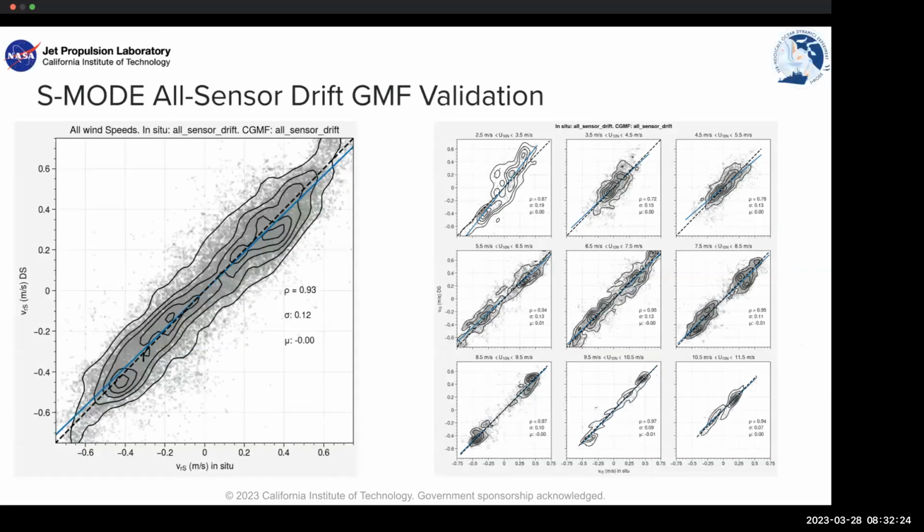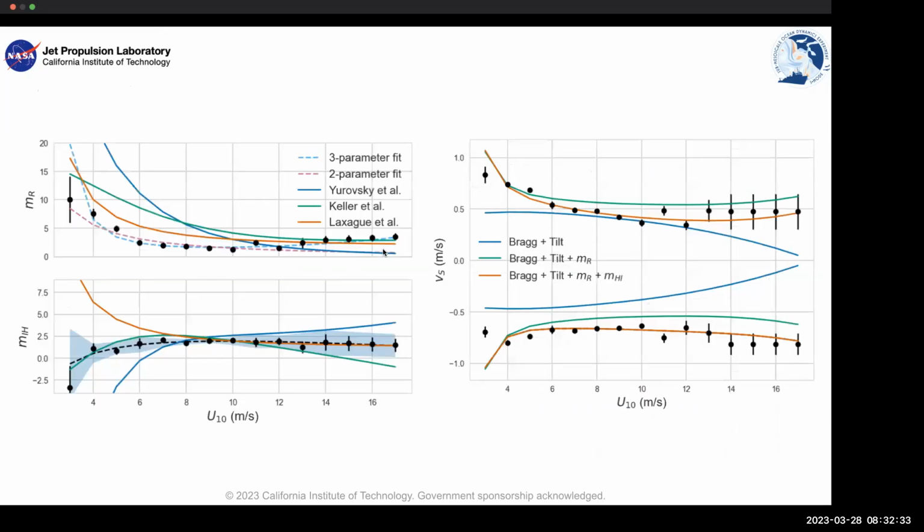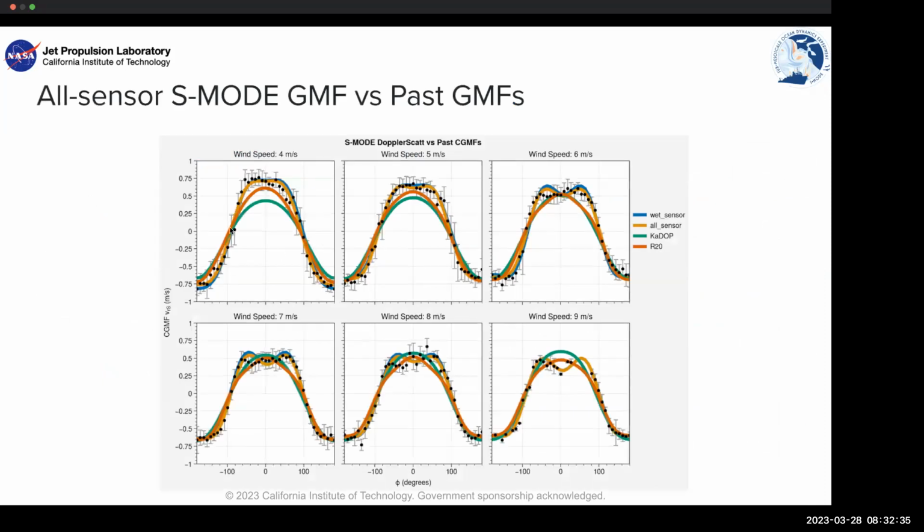So having said that, how well does it work? We subtract the simple curve, the gold curve over here, from our radial velocity observations. We also have the wind direction and the wind speed from the scatterometer, so they are exactly coincident with the measurements.